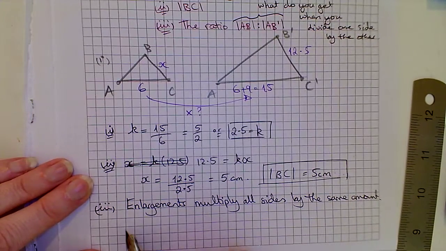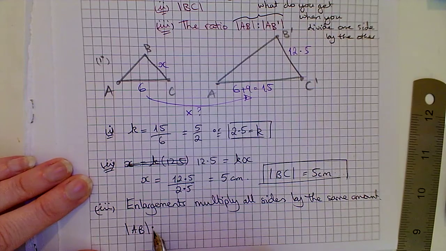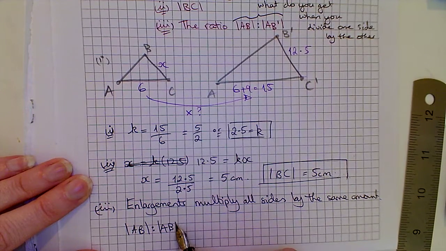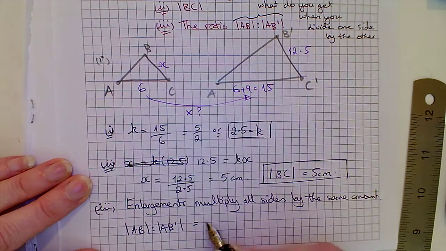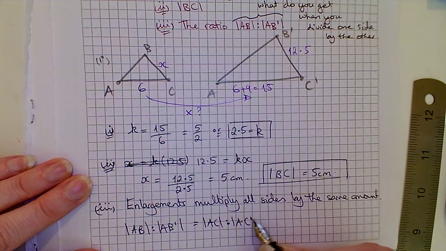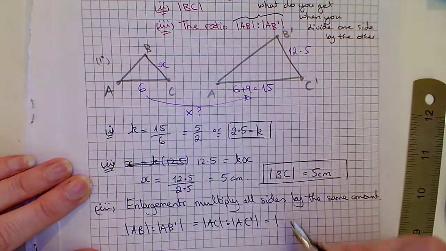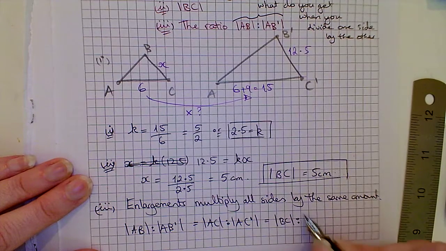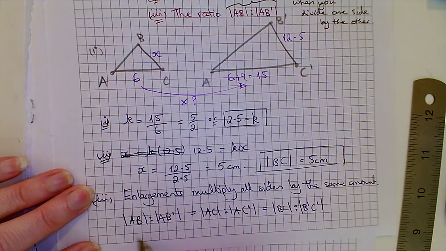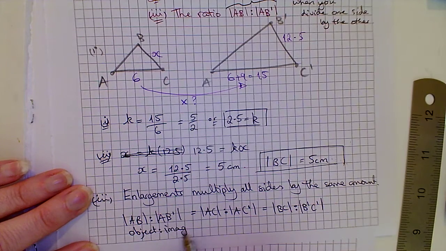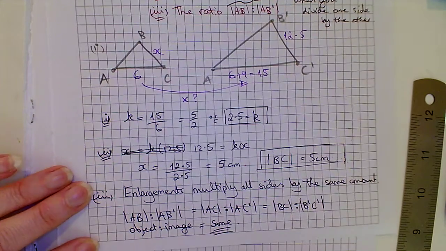So if they're asking you for the ratio from AB to AB prime, that's the same as any of the other sides. It's the same as the ratio of AC to AC prime, which is the same as the ratio of BC to B prime C prime. Okay, object to image is constant. Object to image is the same regardless of which side we pick.